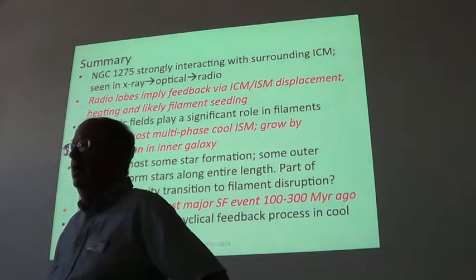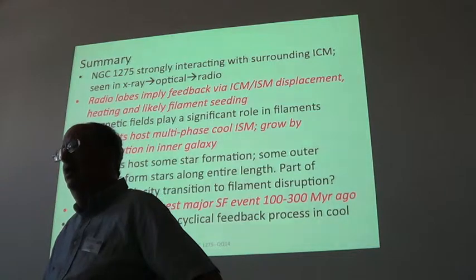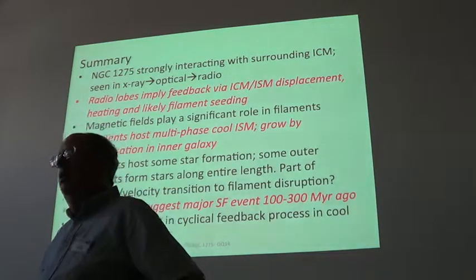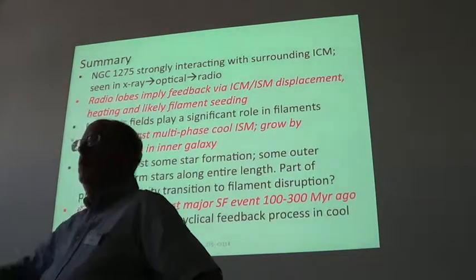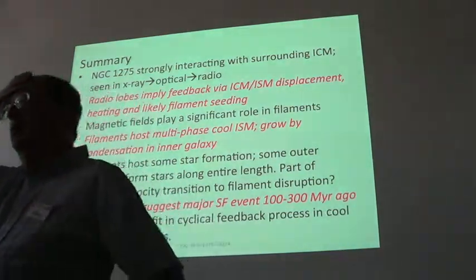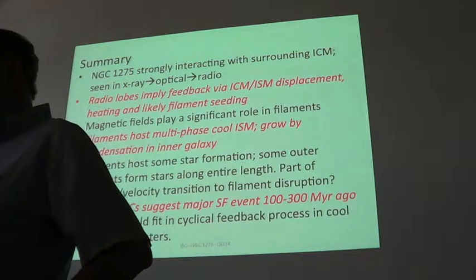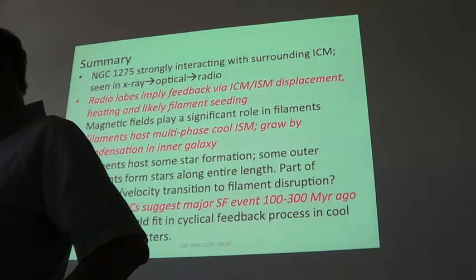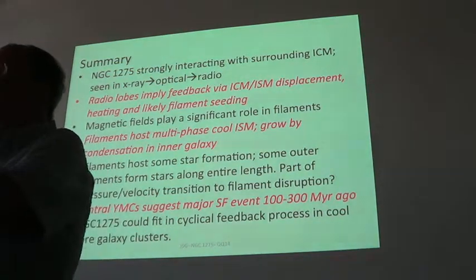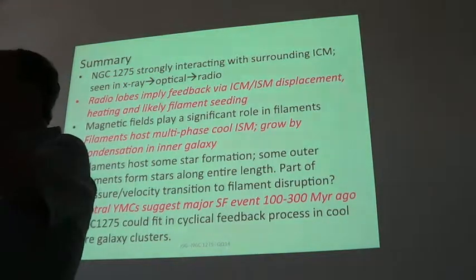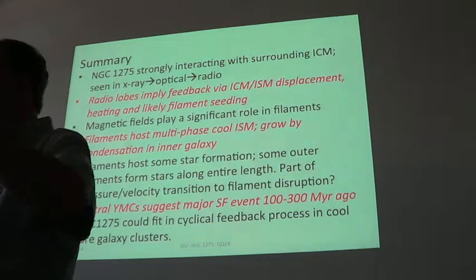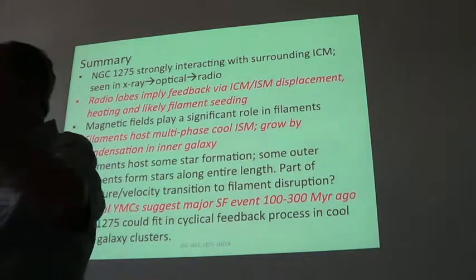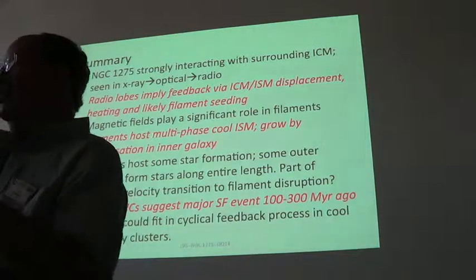It's a very short, easy question. Why is it necessary that the AGN feedback seeds the filaments? Why couldn't this be a heavy starburst? Actually, I made a model with the Brazilian group trying to do it with a starburst. It's energetically hard to do. The difficulty is that for the starburst, you want everything to sit in a disk or some kind of very planar structure. Even though you produce shells, you don't get this 3D structure.